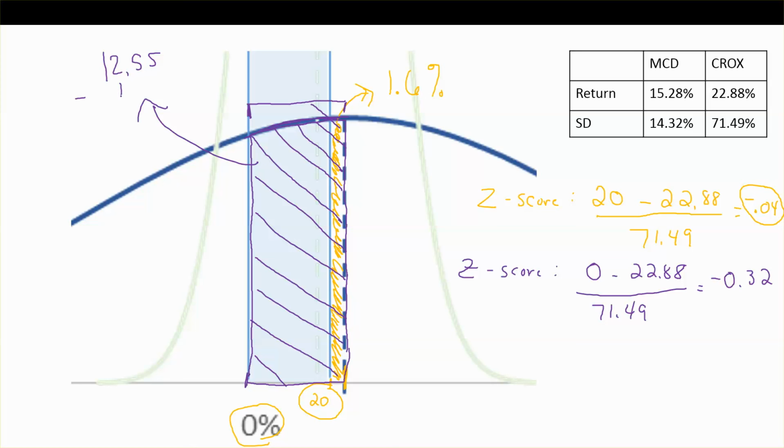So if I just subtract the 1.6% from the 12.55%, that answer is going to tell me the light blue shaded area. So hopefully I did my math right. That looks good. So the likelihood of Crocs earning from 0% to 20% is 10.95%.